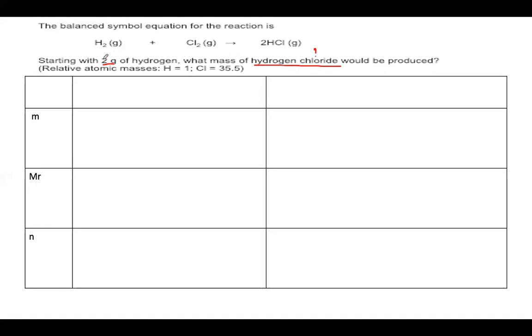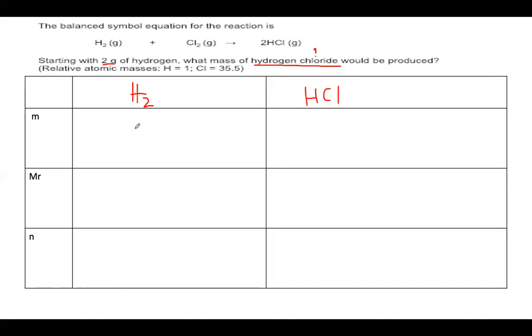So we know the mass of hydrogen, so that's our known. So we'll just write that in our first column. We're trying to find the mass of hydrogen chloride, so we put that in our second column. Now, you do not include the number out the front. We only use that for the ratio, so just write the formula as is.